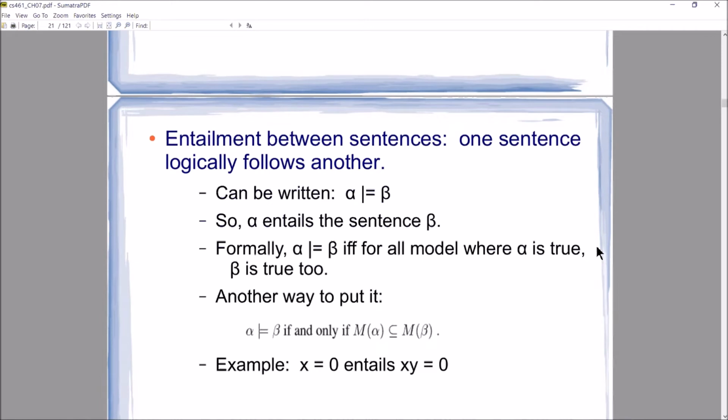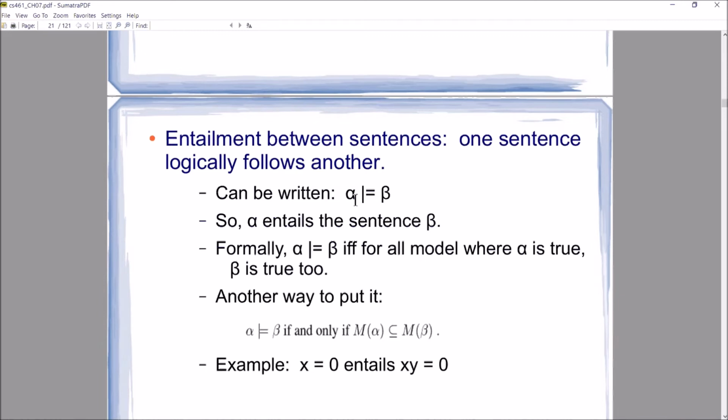Okay, so let's talk about entailment between two sentences. What that means is that one sentence logically follows another, right? So we can write it like this, where we have alpha entails the sentence beta. Sentence alpha entails the sentence beta. It's kind of like a bar with an equals. Okay, so again, it's kind of abstract, because alpha and beta could represent anything in some possible world.